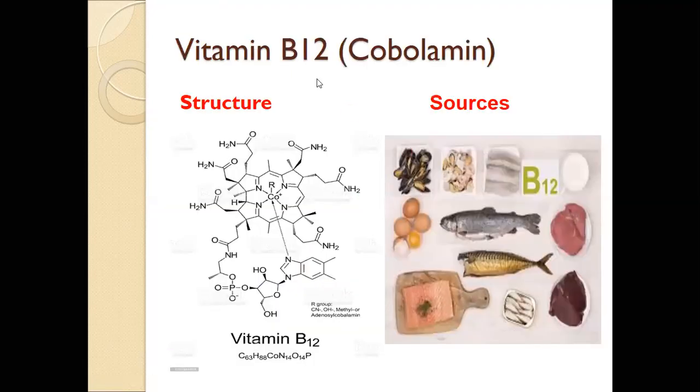Okay, let's move to B12, vitamin B12 or cobalamin. Vitamin B12 is called cobalamin. It's a very complex structure called the cobalamin structure. It's very abundant in many types of food, like fish, like meat.